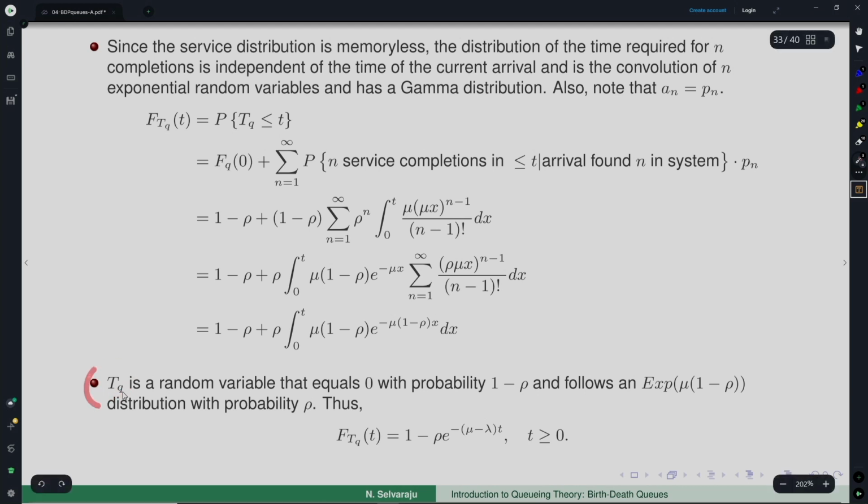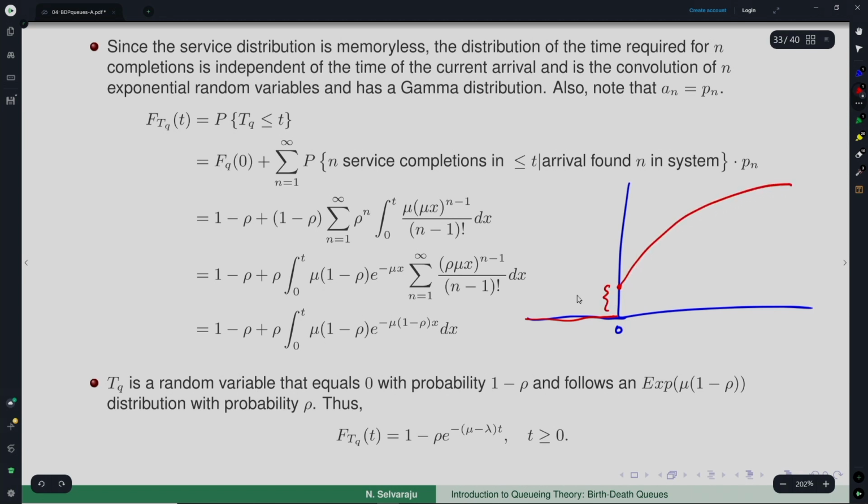So TQ, as you see, is a mixed random variable. There is a mass at 0 and a continuous distribution beyond that. If I plot this distribution function, suppose this is time 0, it is 0 up to this point, and at this point it makes a jump, and from here it continues like this.